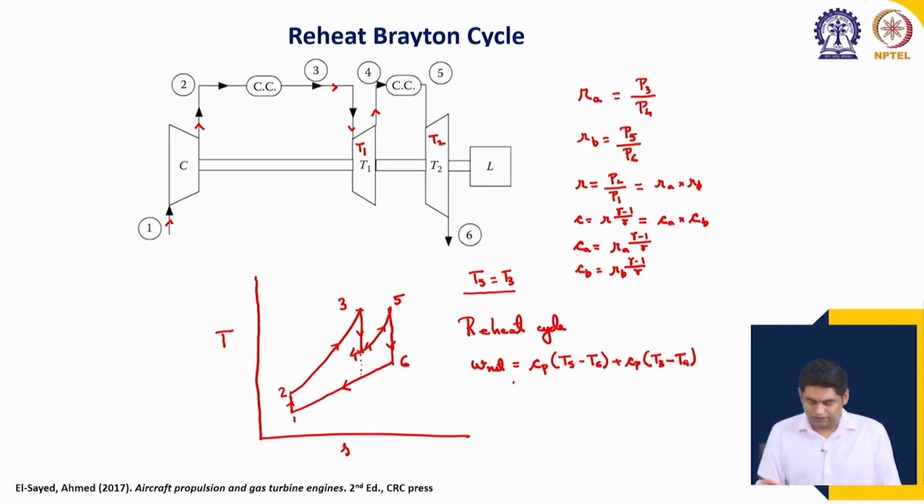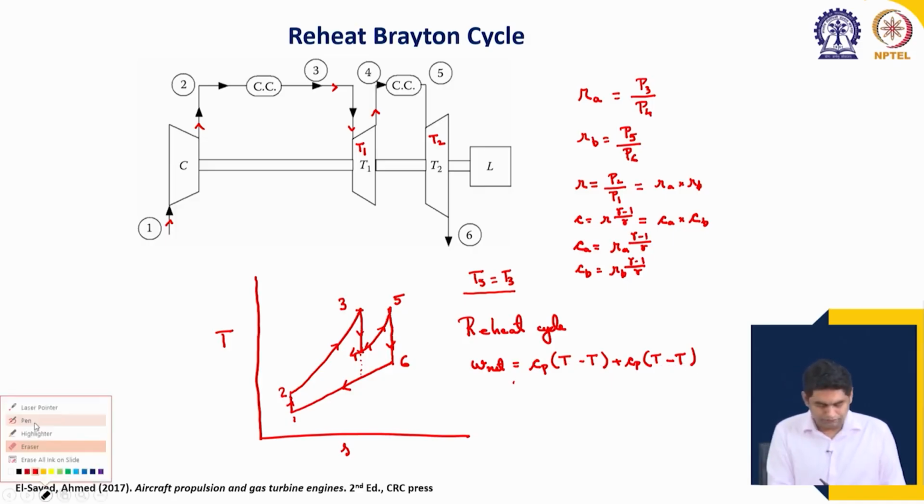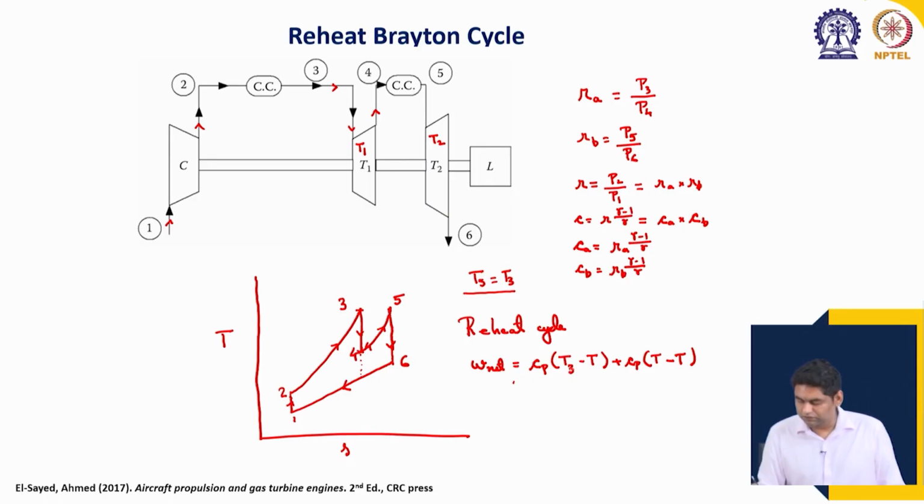Just for the sake of standardness, let us say that this is C P T 3 minus T 4, it is the same thing, I am just changing the order, plus C P T 5 minus T 6, minus C P T 2 minus T 1. Net work output.